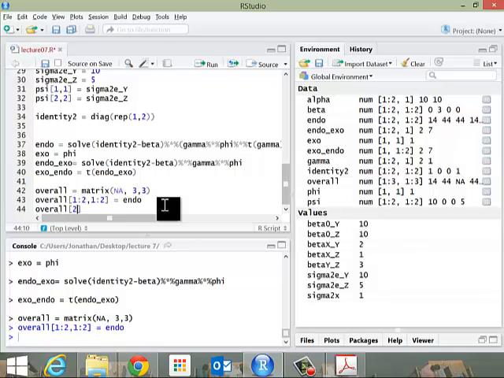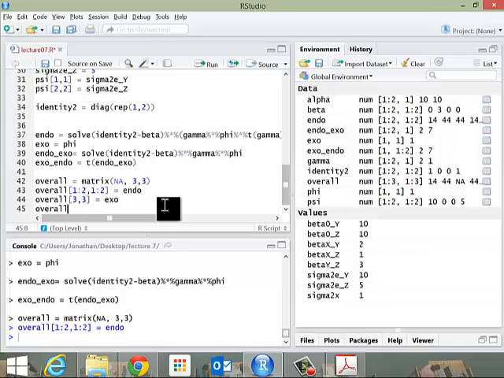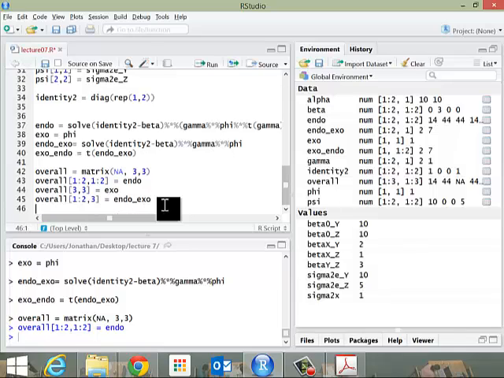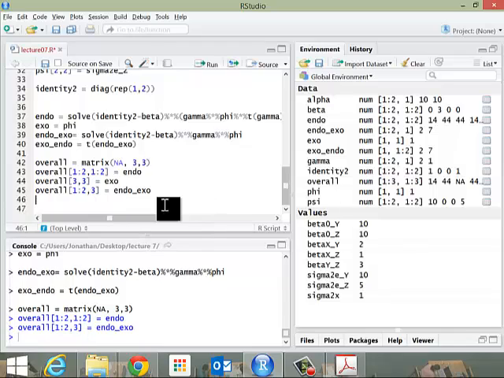Overall 3, 3 is exo. Overall 1 to 2, 3 is endo-exo. And then this last one where it's 3, 1 to 2. Don't you love my typos?